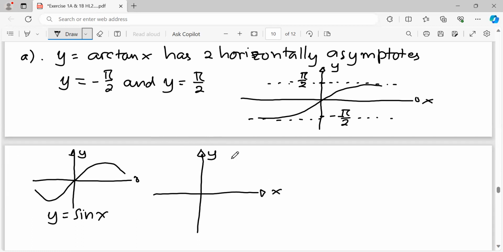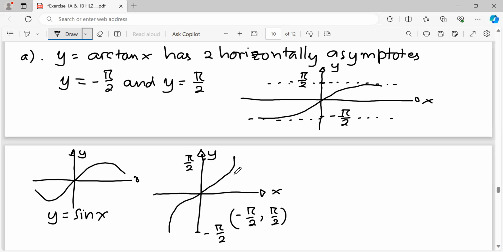Graph of arcsine like this. Okay, stop until here, until pi half, and minus pi half. So it ranges from minus pi half to pi half.